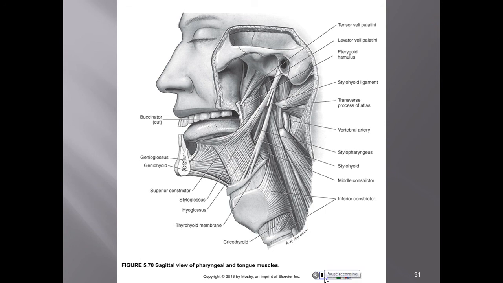The three inner longitudinal muscles include the stylopharyngeus muscle, palatopharyngeus muscle, and the salpingopharyngeus muscle. The extrinsic muscles of the tongue are responsible for changing the position of the tongue and include the genioglossus, hyoglossus, styloglossus, and the palatoglossus muscle.